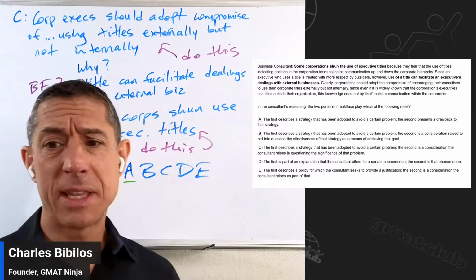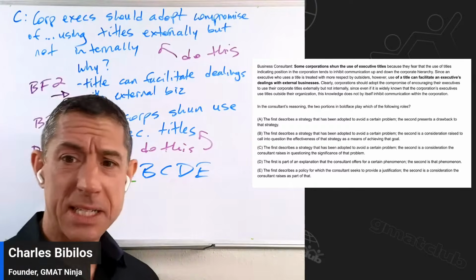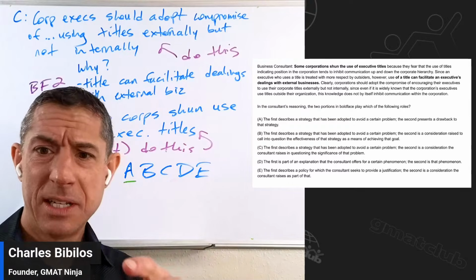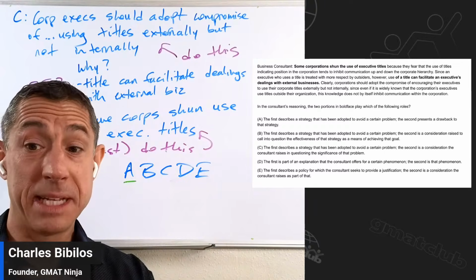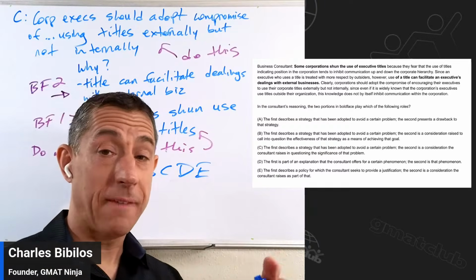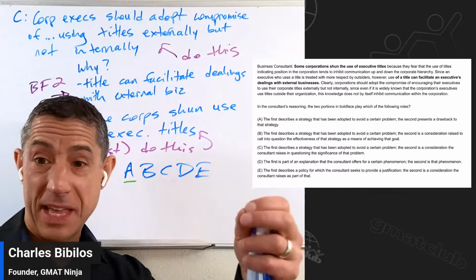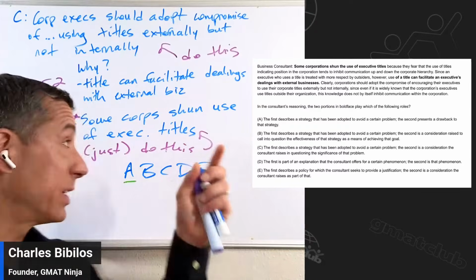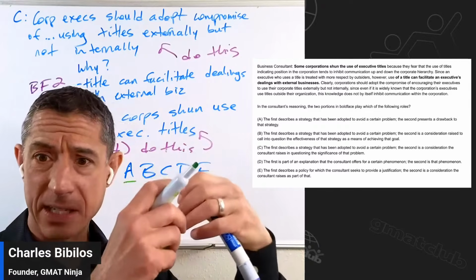First describes a strategy that has been adopted to avoid a certain problem. Yeah, okay, cool. Second is a consideration raised to call into question the effectiveness of that strategy as a means of achieving that goal. Close, not quite. Why? The problem that the first one is trying to avoid is the inhibition of internal communication with titles.